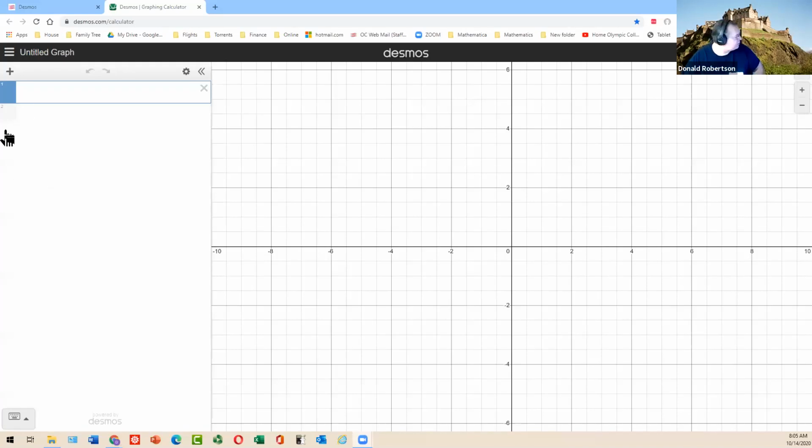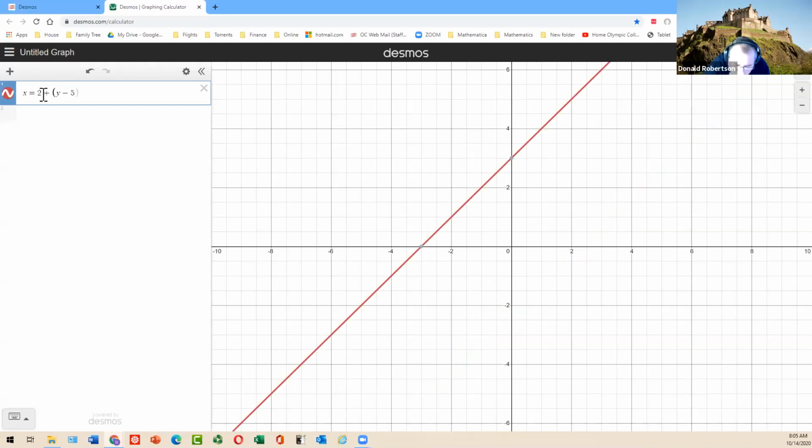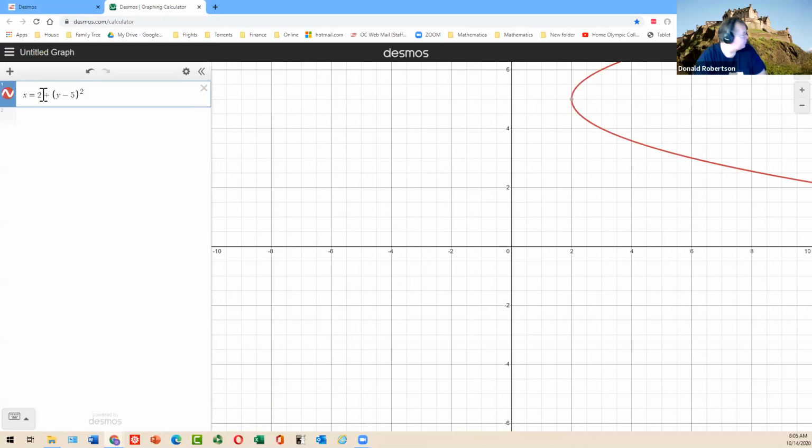Right, so I have x equals 2 plus, in brackets, y subtract 5, close brackets, squared.